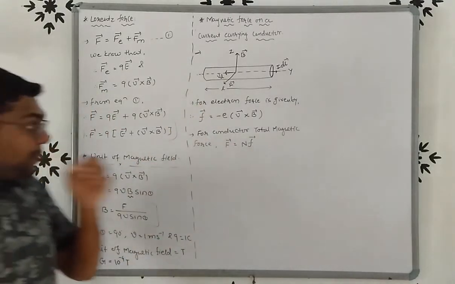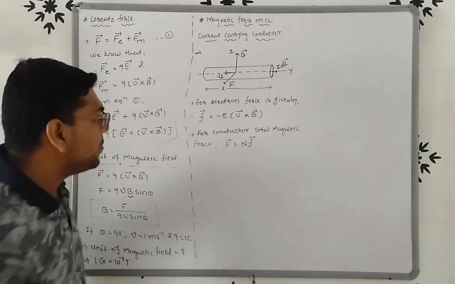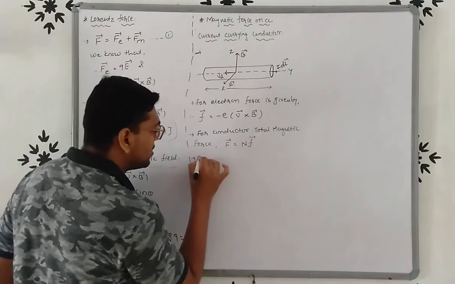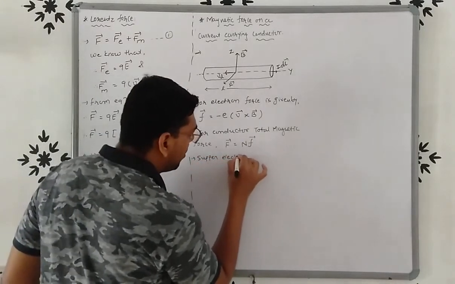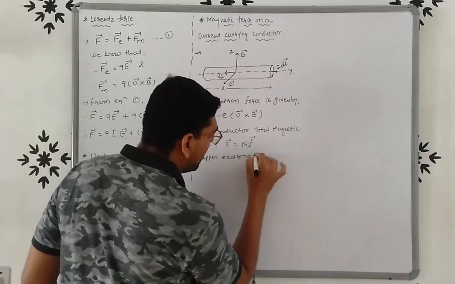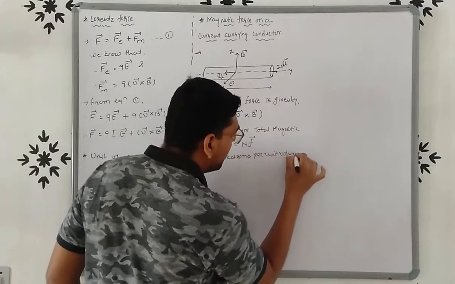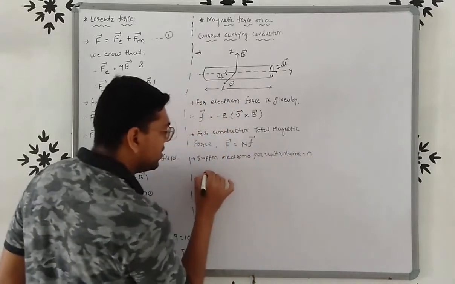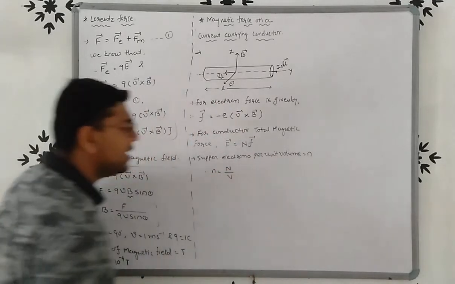Now here N. So suppose we consider electrons per unit volume is equal to small n. So small n is equal to capital N upon V, right?